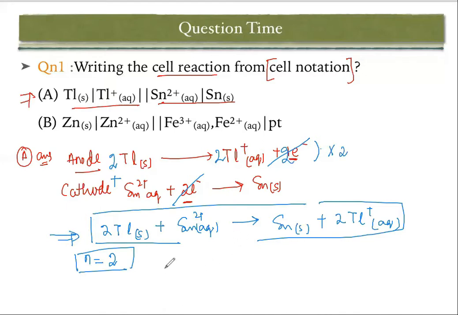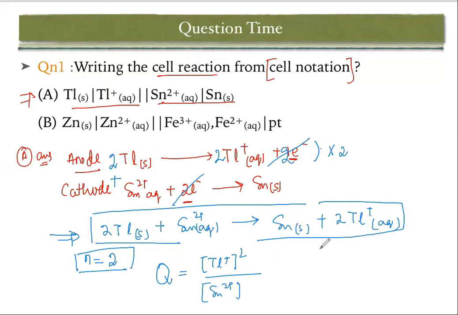Now another part is, as we have already discussed, the reaction quotient. How can you write Q? That is product by reactant. What is the product? The product is Tl+ whole square divided by the reactant. What is the reactant? The reactant is Sn2+. Why have I neglected the solid form?